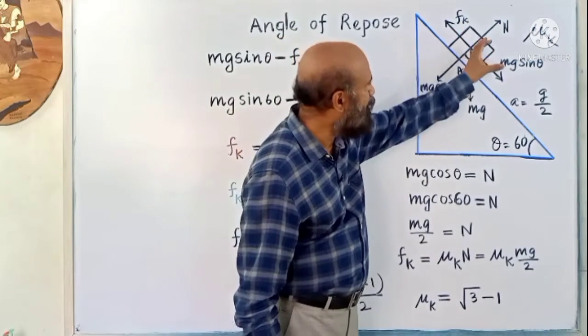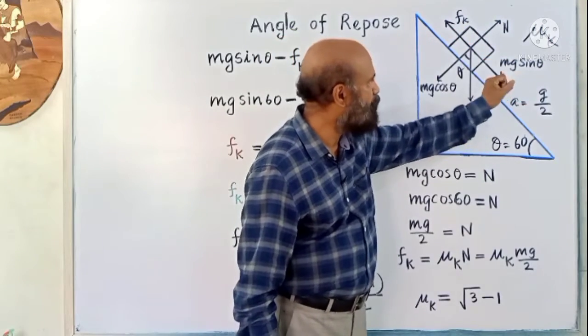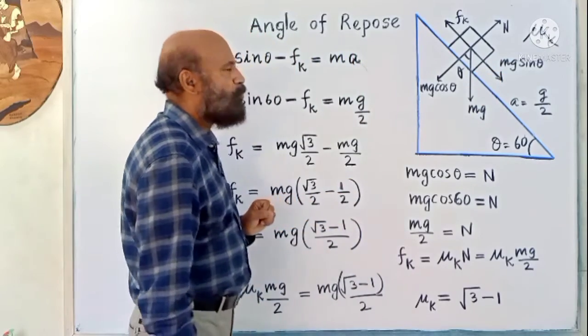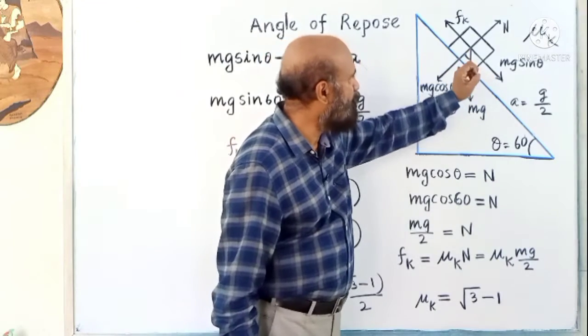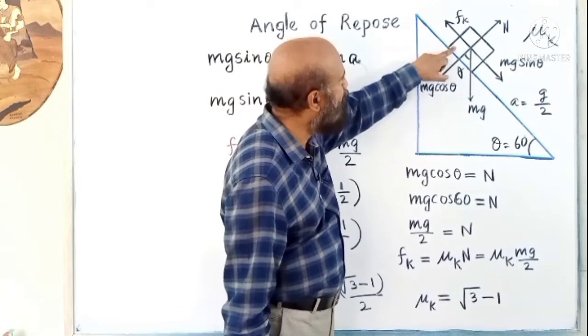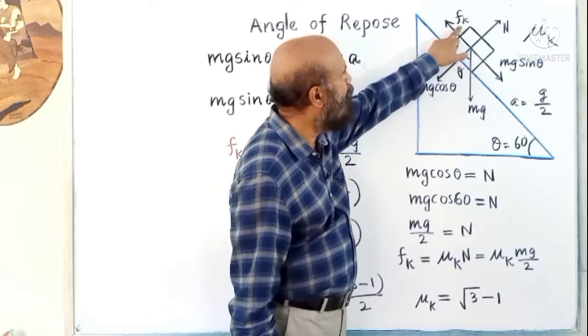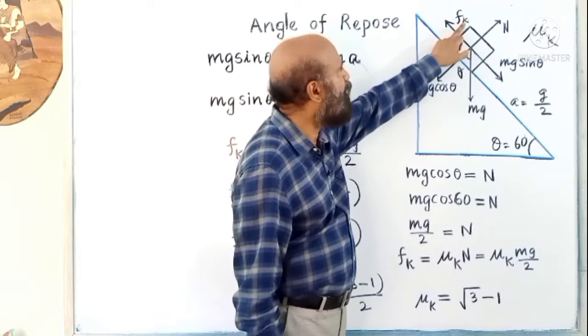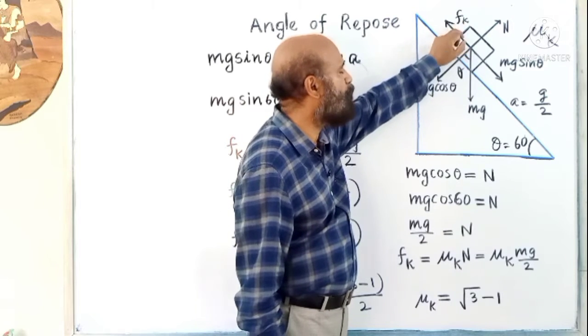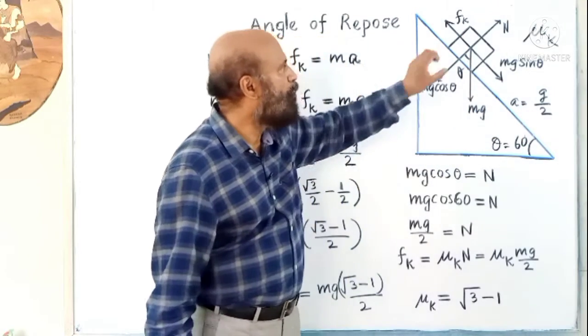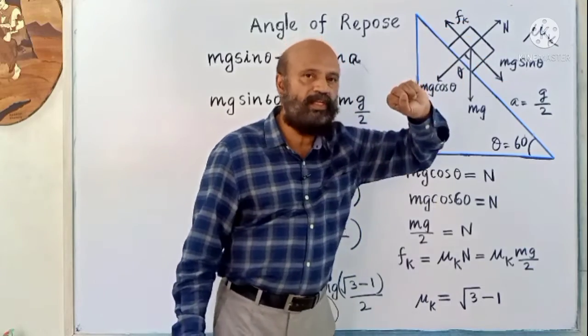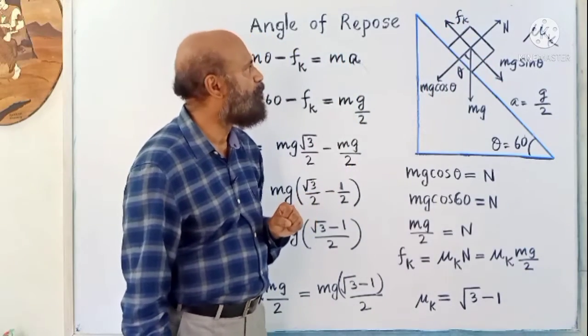Now there is an acceleration along this direction, so we can apply Newton's second law, with mg sin theta in the downward direction. When it is moving downwards, the friction is kinetic frictional force. When the angle is lesser than the angle of repose, the body will not be moving downwards, and then it is static frictional force.